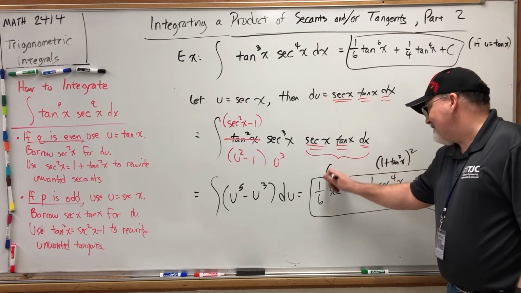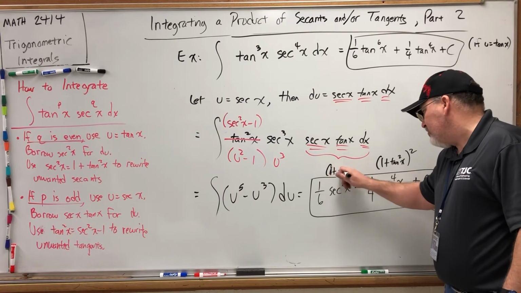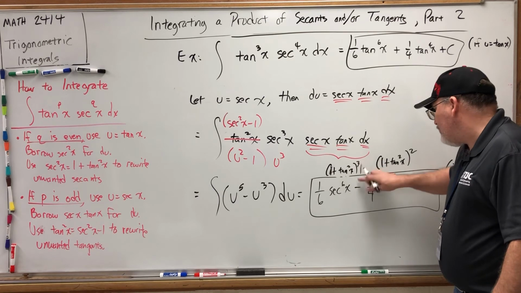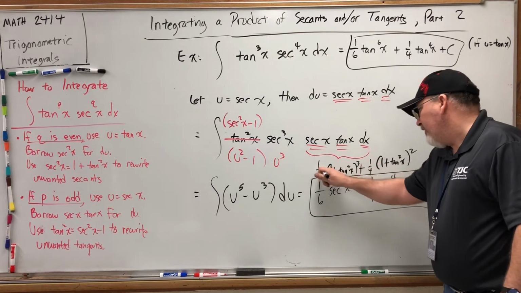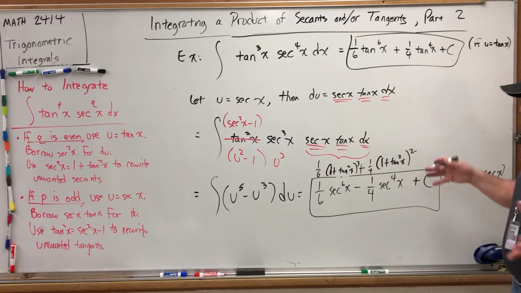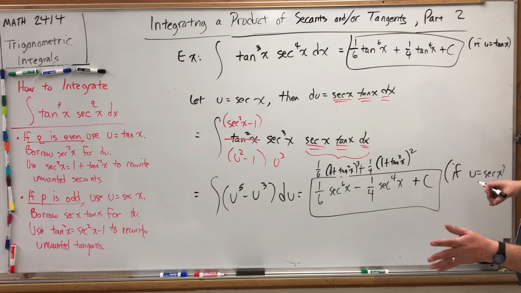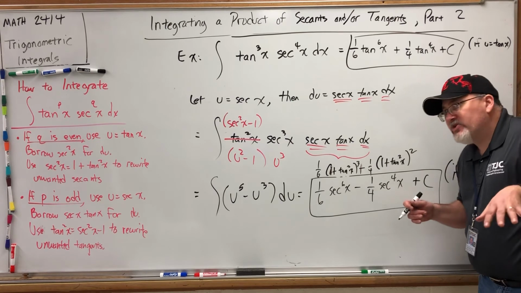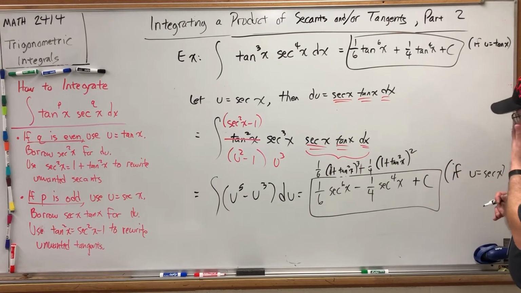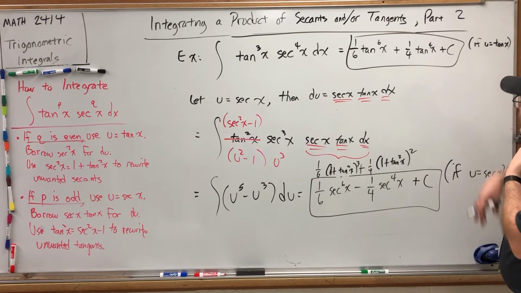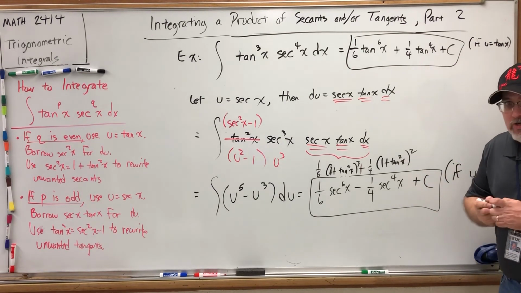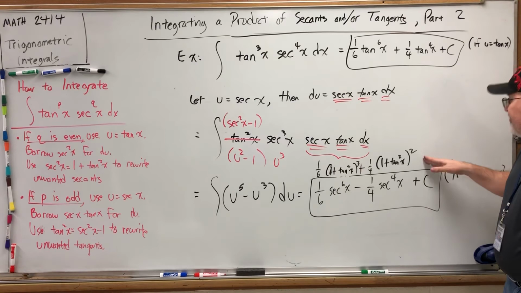So I could write this as 1 plus tangent squared cubed, along with the minus 1/4 and the 1/6. If we multiplied it all out, distributed, gathered like terms, maybe pulled off a little bit more identity shenanigans in the middle. I haven't played it out, so I'm not sure what all would happen there, but it should boil down to here. Now, it may be off by a constant, but that's okay because a constant plus a constant is just a different constant.